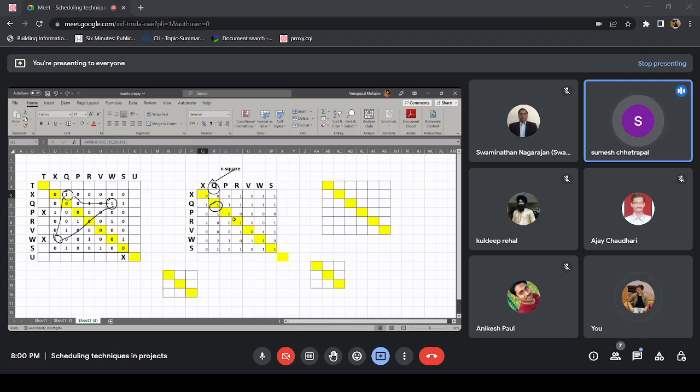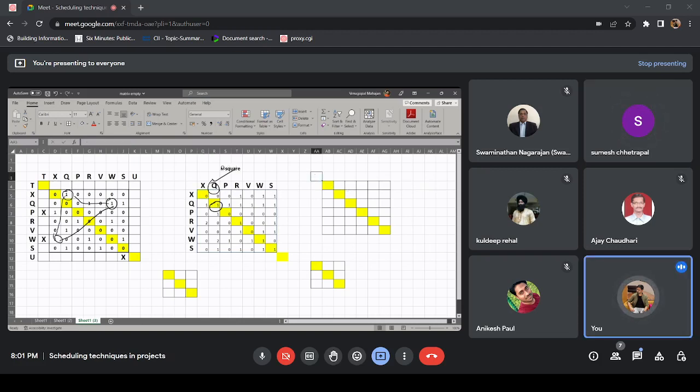Sir, one query. We have done this, this is n square. When we do the n cube, n3 will be the multiplication of this outcome and the original matrix? Yes, definitely, it's just a simple multiplication.